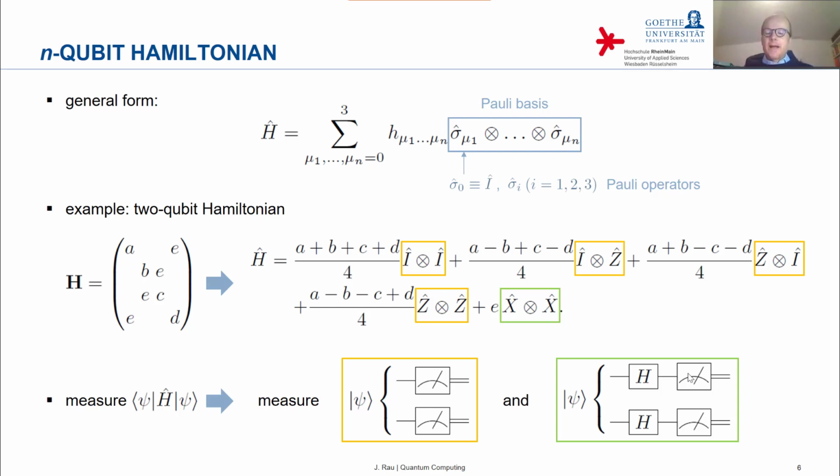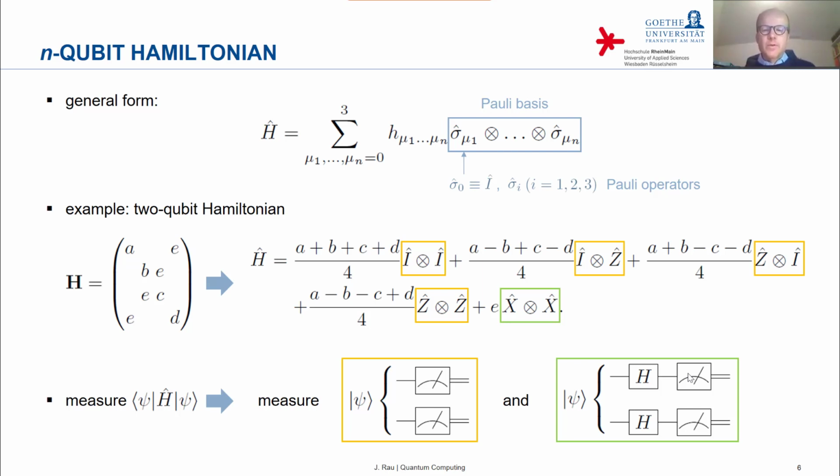So in this particular example, if we want to determine the energy expectation value of this Hamiltonian in a particular 2-qubit state psi, then what we can do is prepare the state psi and then send it through the measurement setup in the yellow box. And we repeat that, we do that several times until we have enough data.